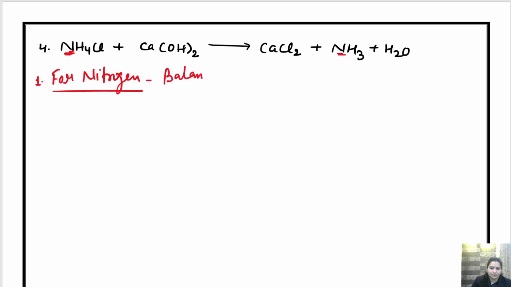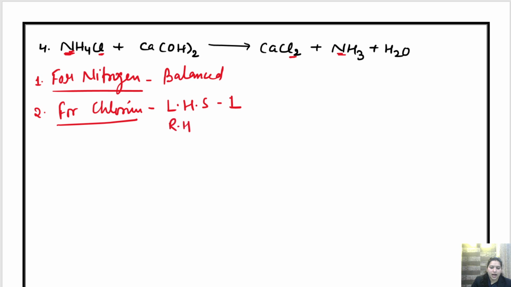Okay. Then second step, we will take chlorine. Okay. So we have 1 chlorine here, but we have 2 chlorines here. So what we will do, for chlorine, we have in LHS 1 chlorine, but in RHS we have 2 chlorines.